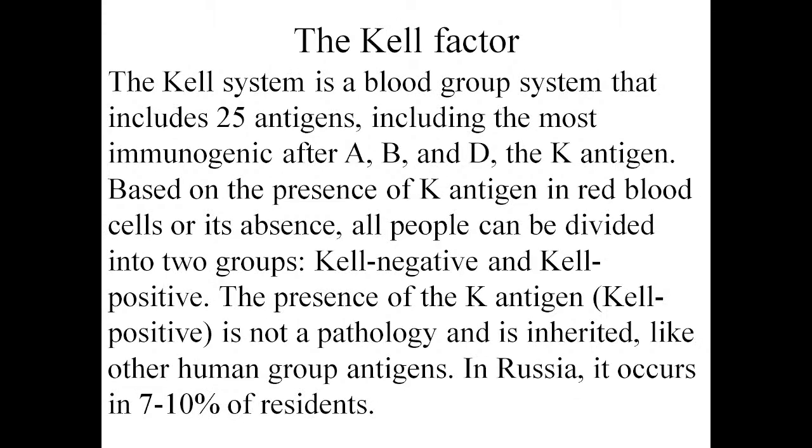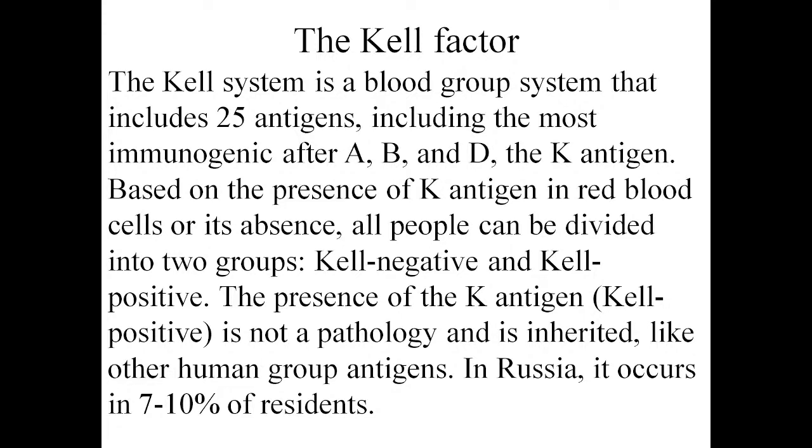Next blood group system is the Kell factor. The Kell system is a blood group system that includes 25 antigens, including the most immunogenic after A, B, and D, the K antigen.